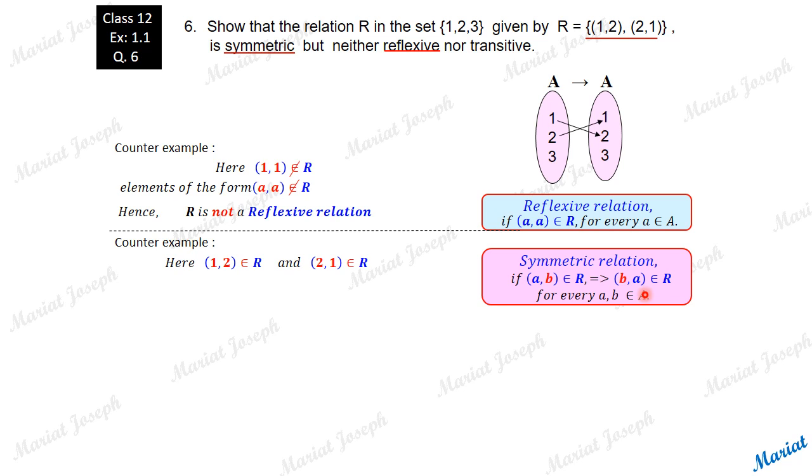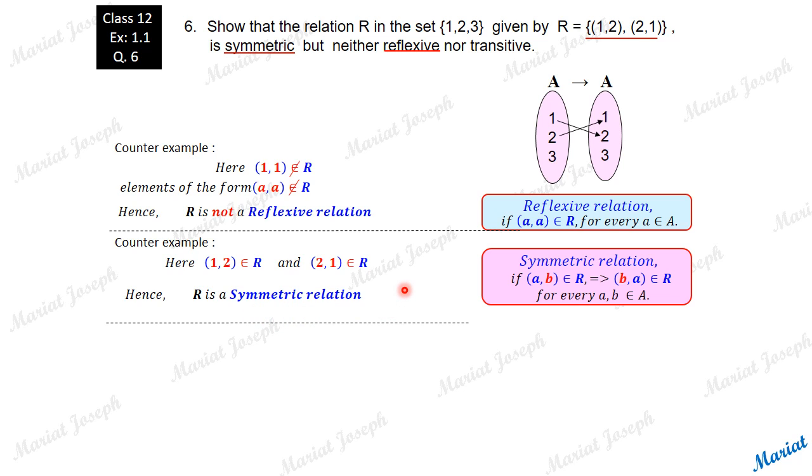Let's take (1, 2) as one of the pairs in the relation. (1, 2) and we can see (2, 1) is also there. Or if you take (2, 1) as the first element, its reverse (1, 2) is also there. It's following the condition of this definition. Therefore, this relation is a symmetric relation.